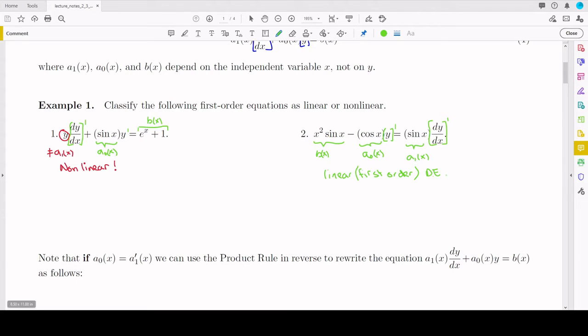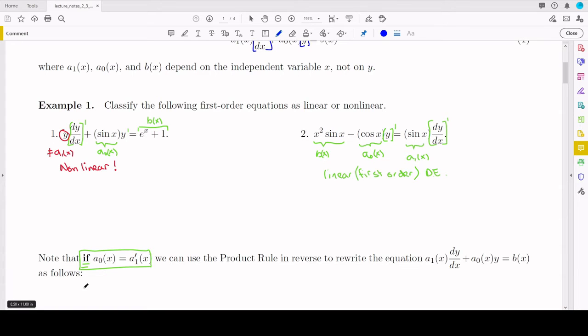We're going to look at a very special case of this differential equation first. So I'm going to assume that a naught of x is a1 prime of x. So that's a big if, and that's not typically the case, but if that is the case, then our differential equation is very easy to solve. My differential equation looks as follows.